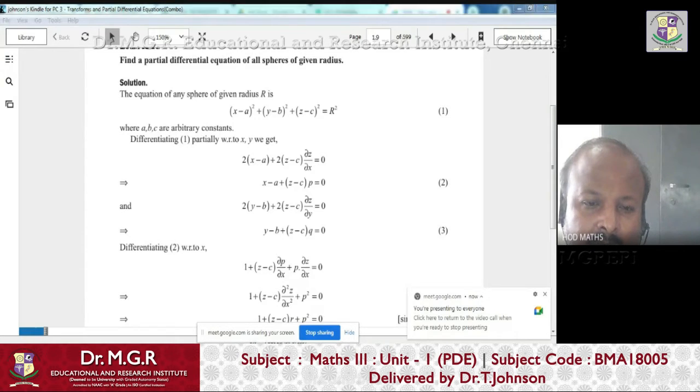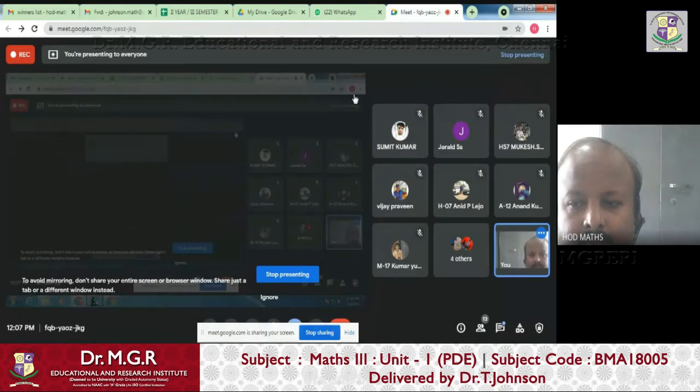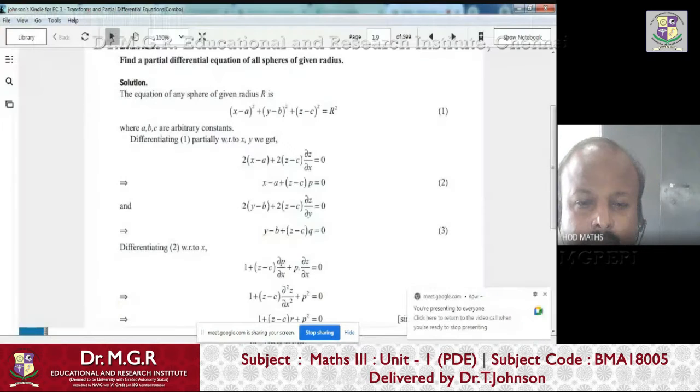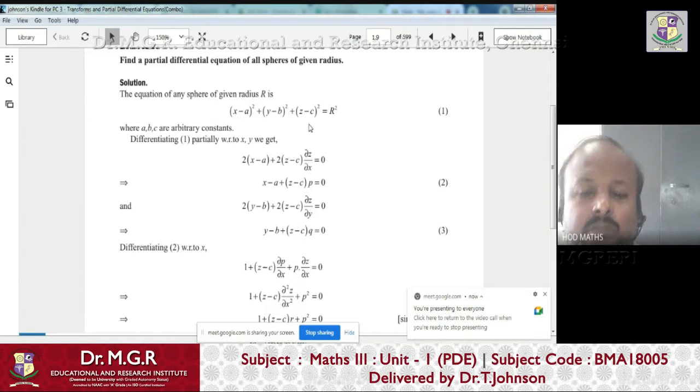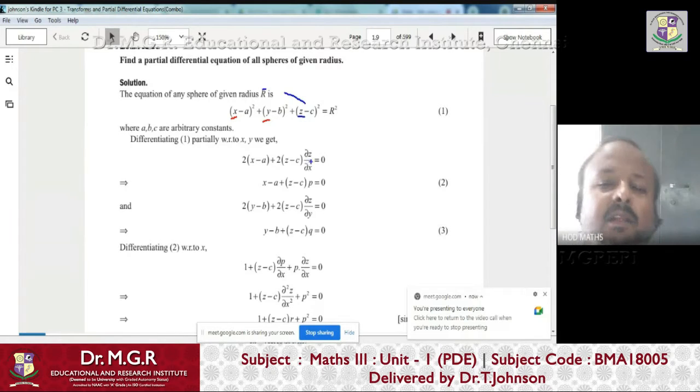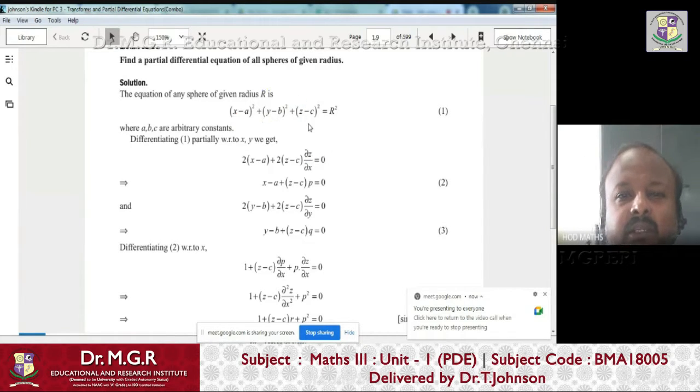What are the 2 independent variables? x and y. So x and y are independent variables, but z is the dependent variable. It depends on x and y. So this is the thing you have to understand first.